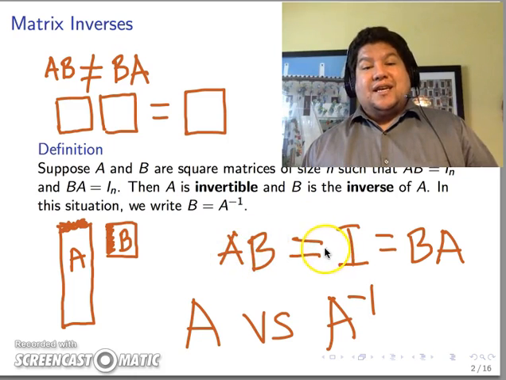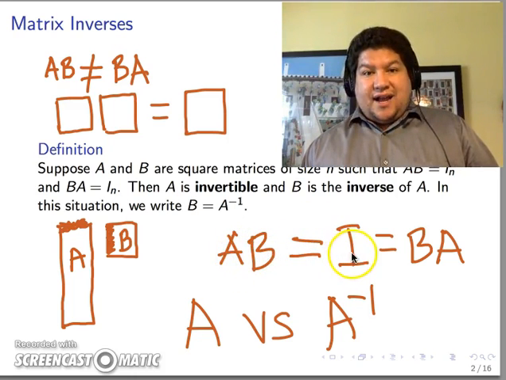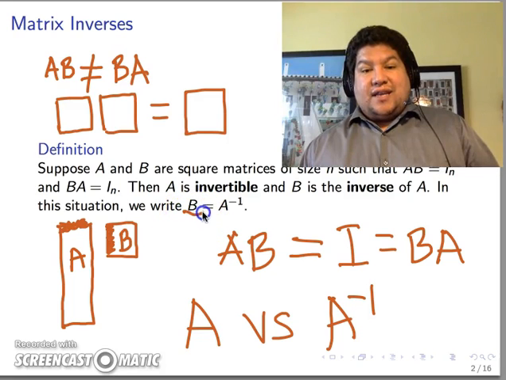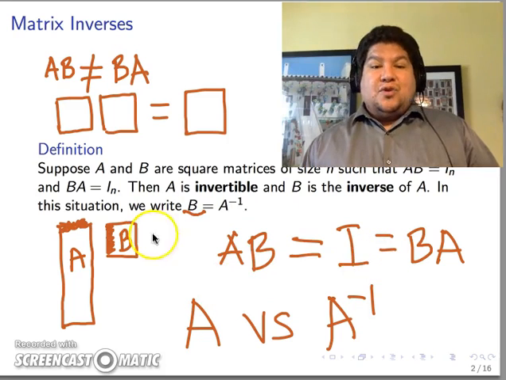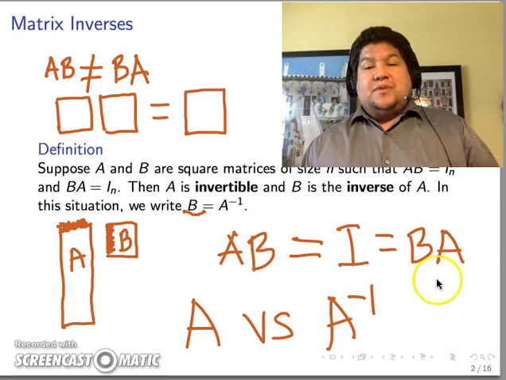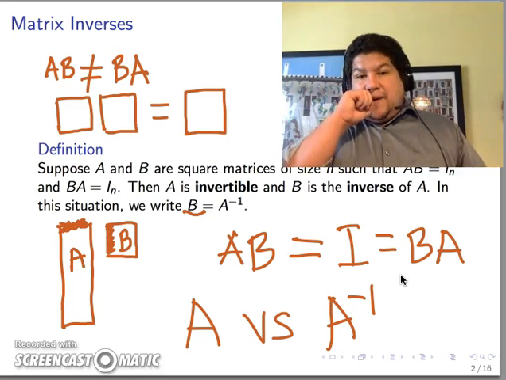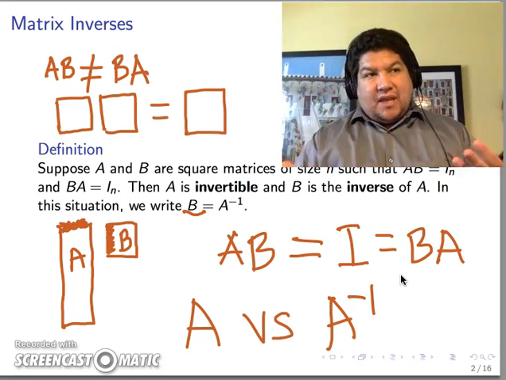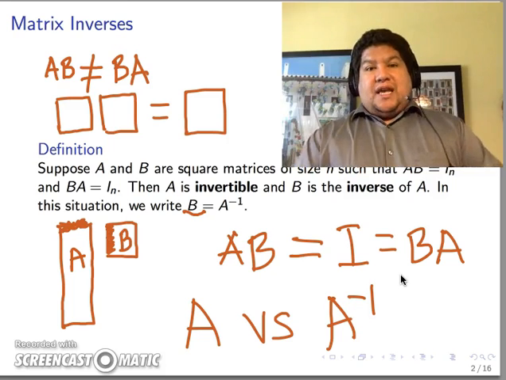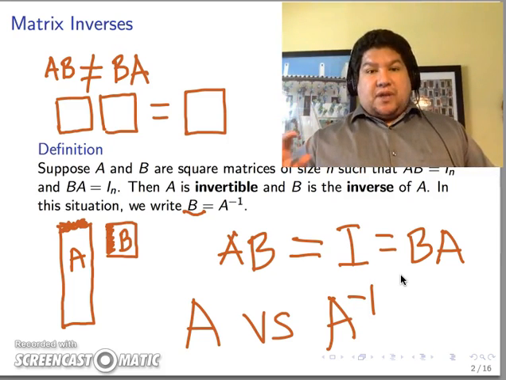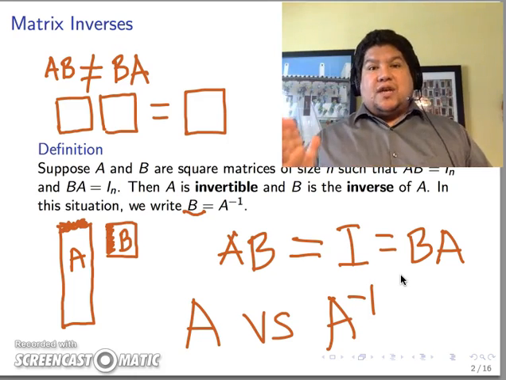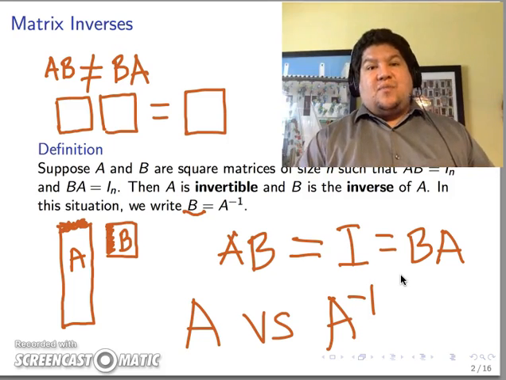In such a case, if A times B equals I, then we would say that matrix B is the so-called inverse of A. You could also argue that if B times A equals I, then A would be the inverse of B. But here we're defining a new matrix in relation to the operation matrix multiplication, and in relation to that operation, the new matrix is called the inverse of an original matrix.